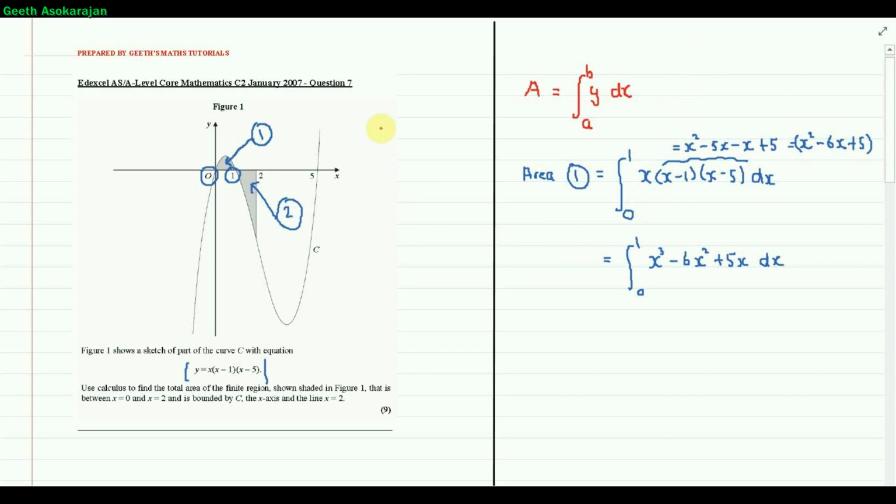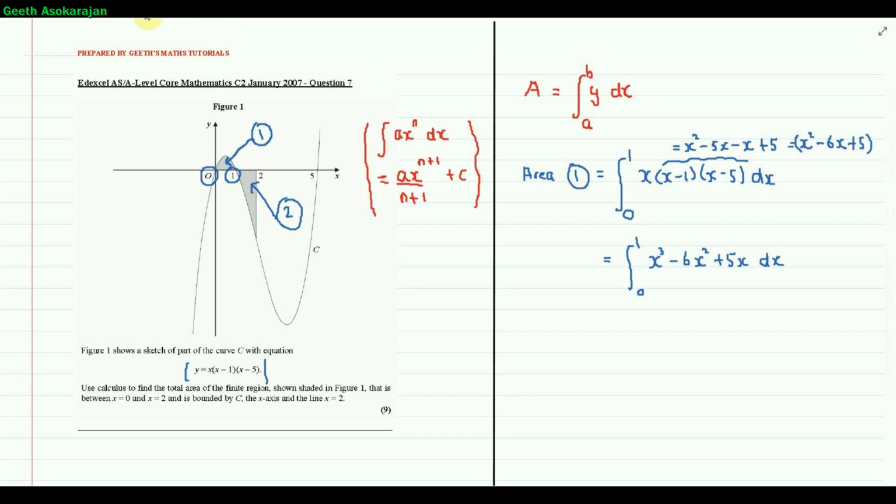Whenever you integrate any term of the form ax to the power n, where a and n are constants, we add 1 to the power to give n plus 1, and then we divide by the result of adding 1 to the power, so we divide by n plus 1. Let me add a c for completeness, since we're integrating without limits.